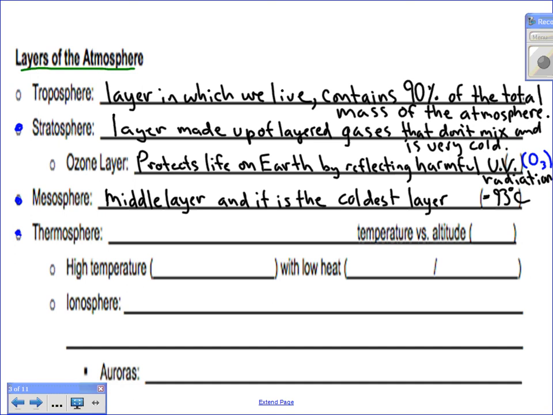Now if we move one layer up, we're going to move into the thermosphere. The thermosphere is the uppermost level of the atmosphere, and if we take a look, temperature versus altitude is inverse at this layer. So in this case, this is the uppermost level.